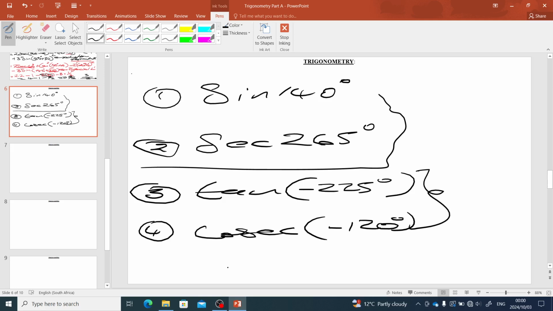Then the last one, just for your own practice, write them down. If you need answers, just indicate for me under the comment section that you need me to give you solutions to those problems here. This one, they want you to simplify. And number 5, we'll put an asterisk there because they want you to simplify the following trigonometric expression without using a calculator.